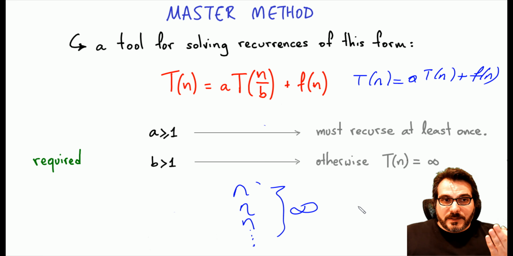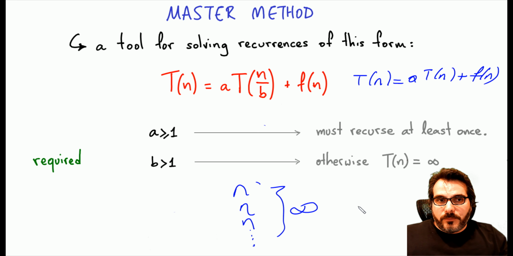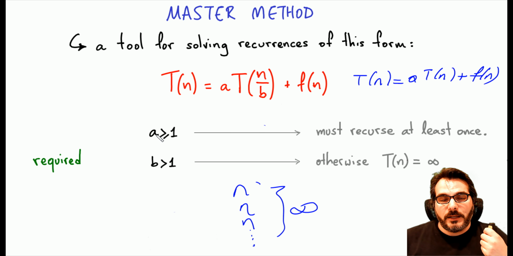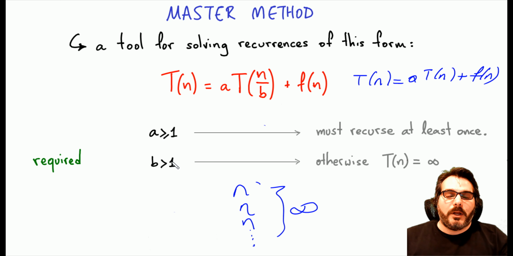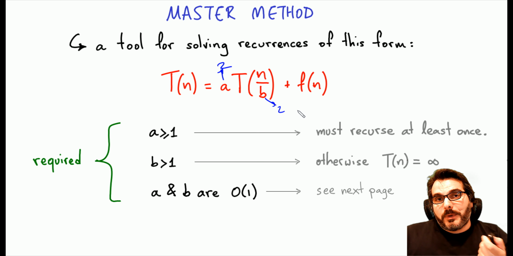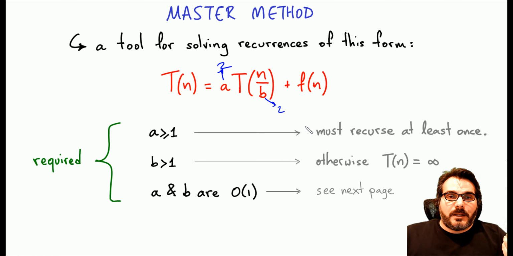So in order to apply the master method, a needs to be greater than or equal to 1, and b needs to be strictly greater than 1. Also, a and b need to be constants, like 2 and 2 in merge sort. They cannot be n or something like log n.